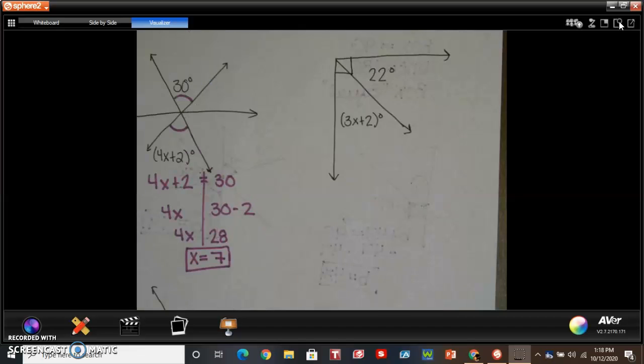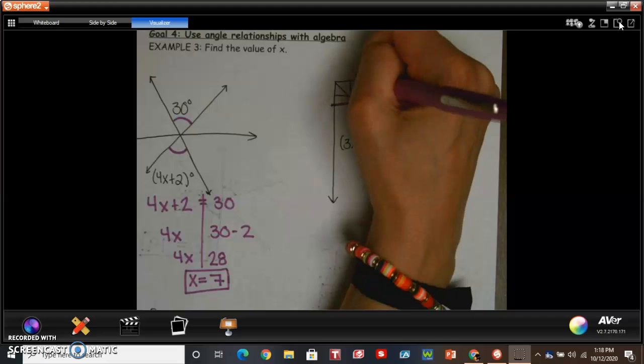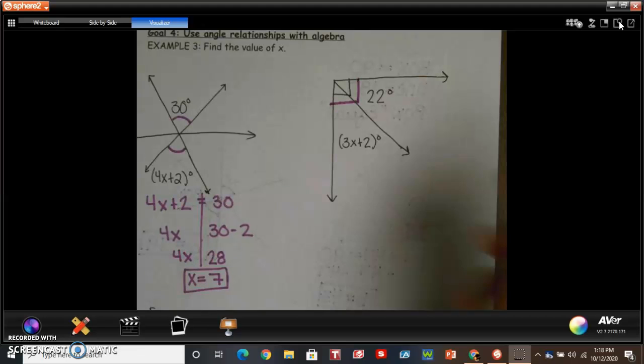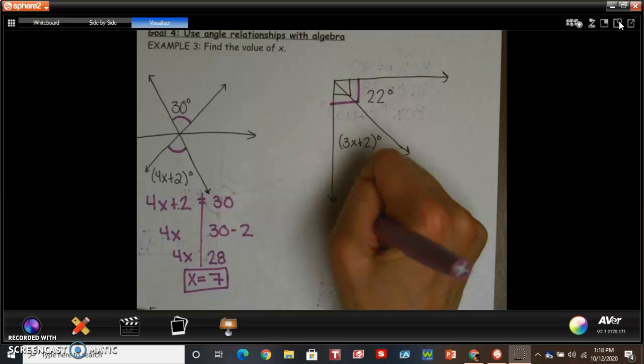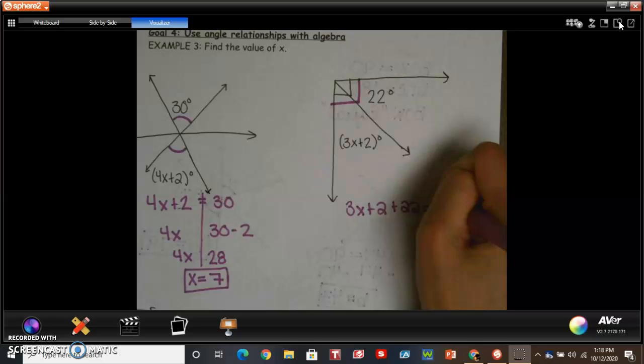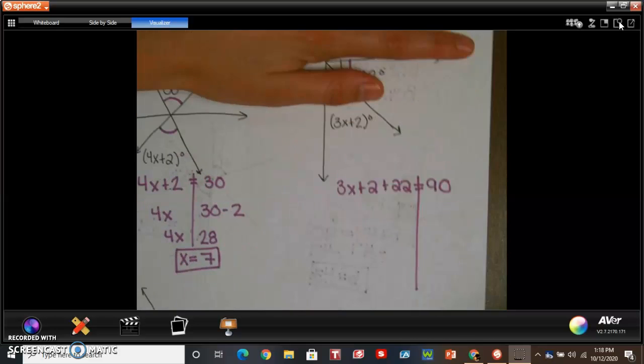All right, let's look at this next one. So we have 3x plus 2, and we have 22. We're creating a box, line, or bow tie. We're creating a box. And how much is a box? It's 90. So we're going to take what we know. 3x plus 2 plus 22 equals 90. All right, let's do our constants and our variables.